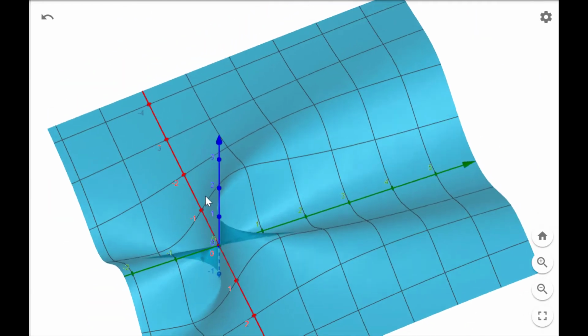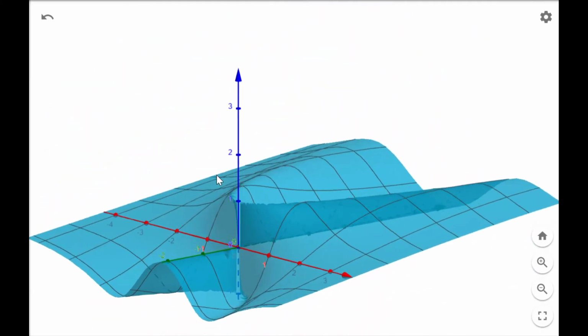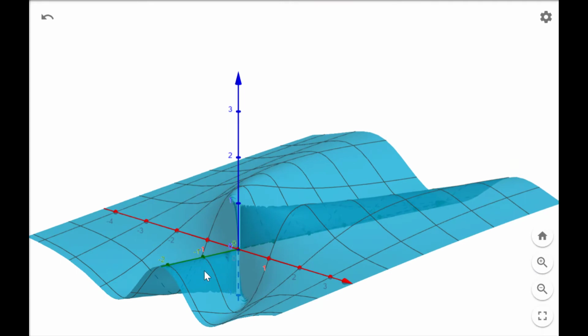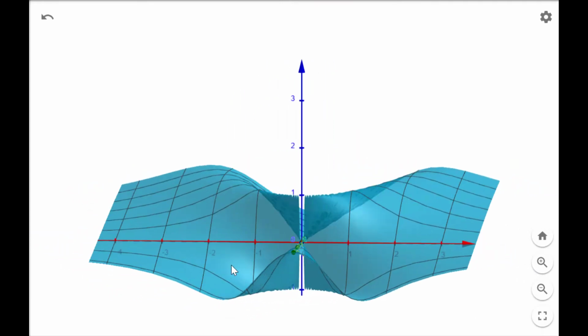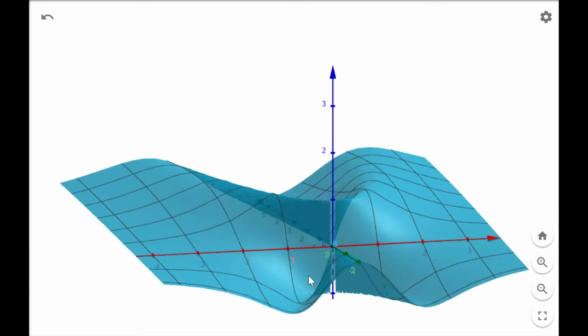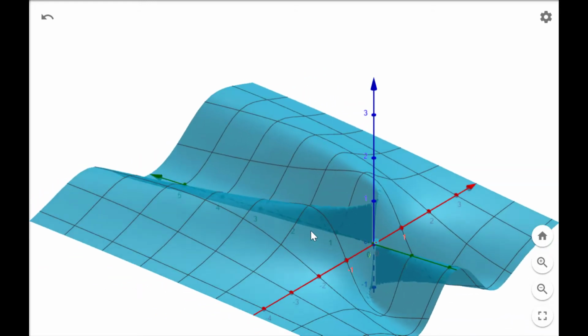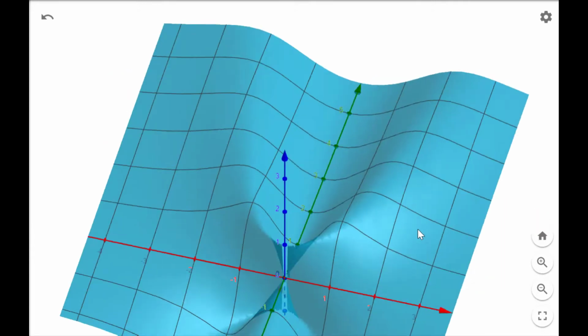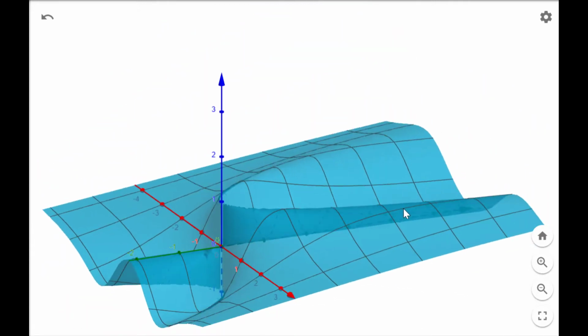If I scroll down over here, this part right here, approaching the origin, if I walked along here, I'd just be already on this axis and approaching 0, 0. And so different things are happening here as far as how we would end up approaching 0, 0, and that whole idea of the cliff, where coming from one side you're approaching one value, coming from another side you're approaching another value.